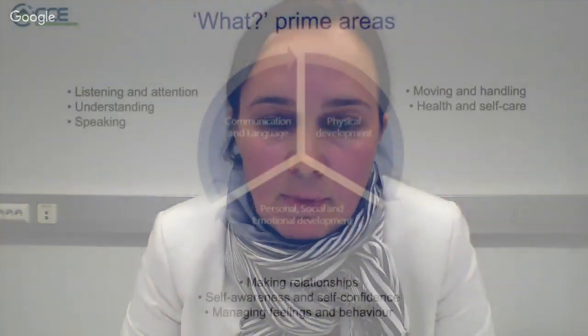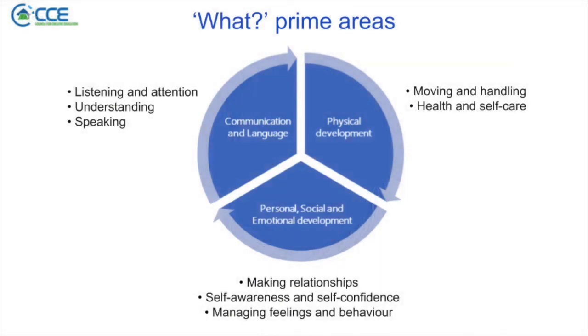Another prime area is personal, social, and emotional development, with the more detailed split into three aspects: making relationships, self-awareness and self-confidence, and managing feelings and behavior. And the third prime area is communication and language, under which we will talk about listening and attention, and understanding and speaking.